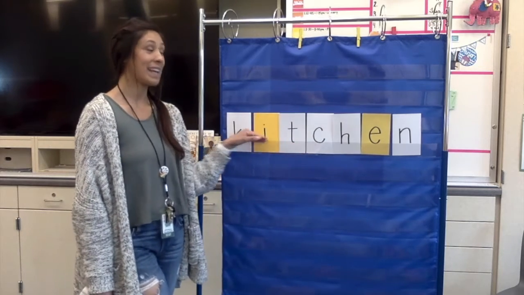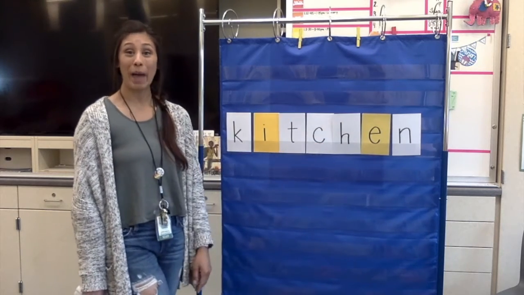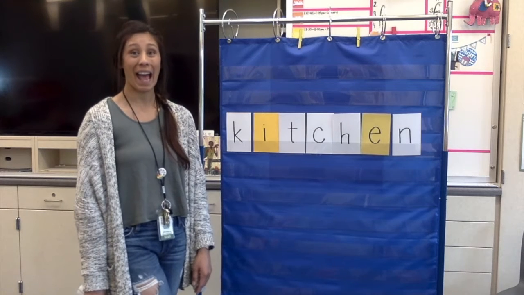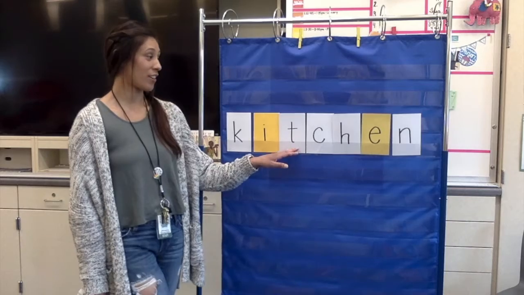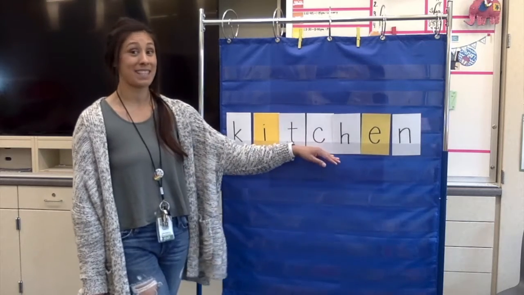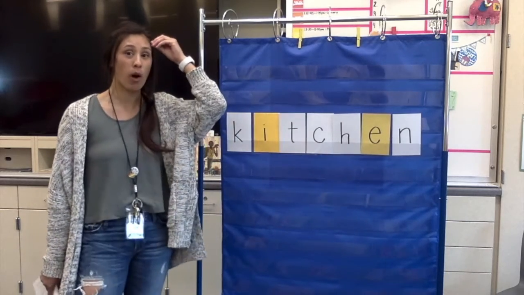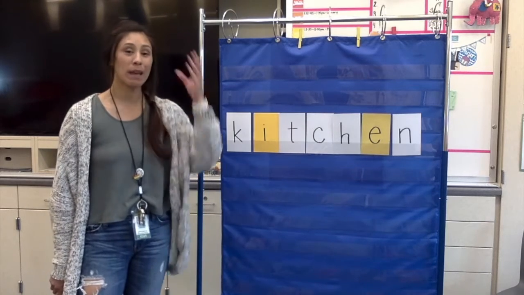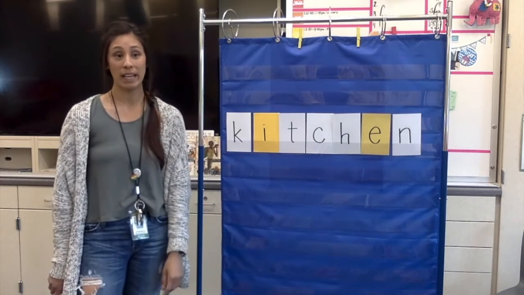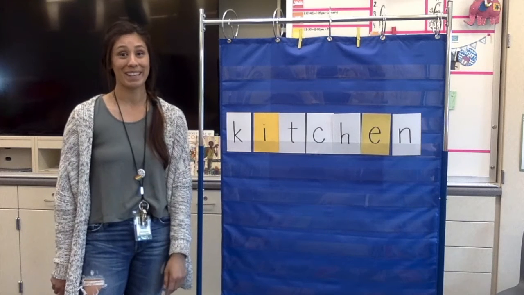So like in kitchen or batch or hatch. So lots of those words actually are TCH, not just CH. So that's just a little rule that we want to store somewhere in our spelling brains so that we can pull it out when we're working on writing or when we're working on reading too.